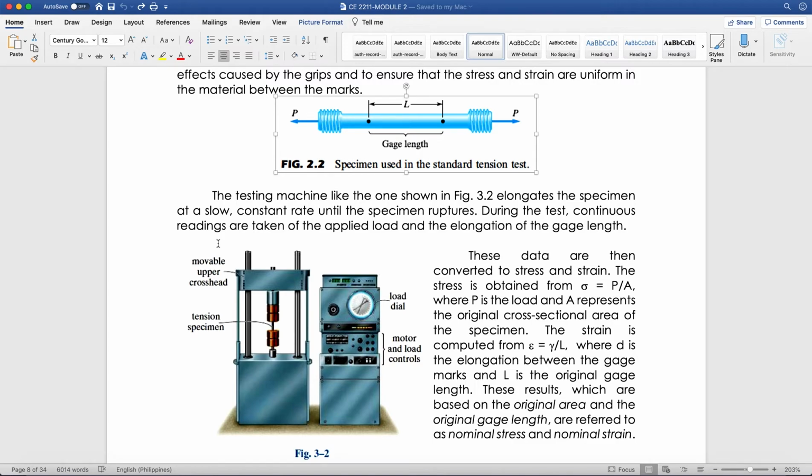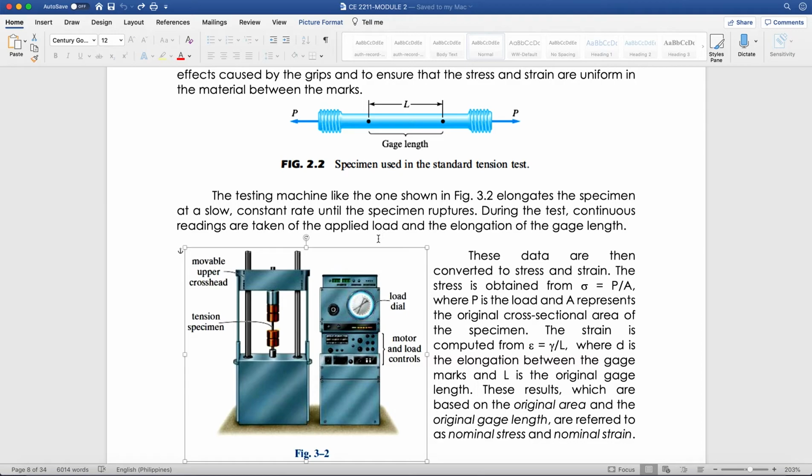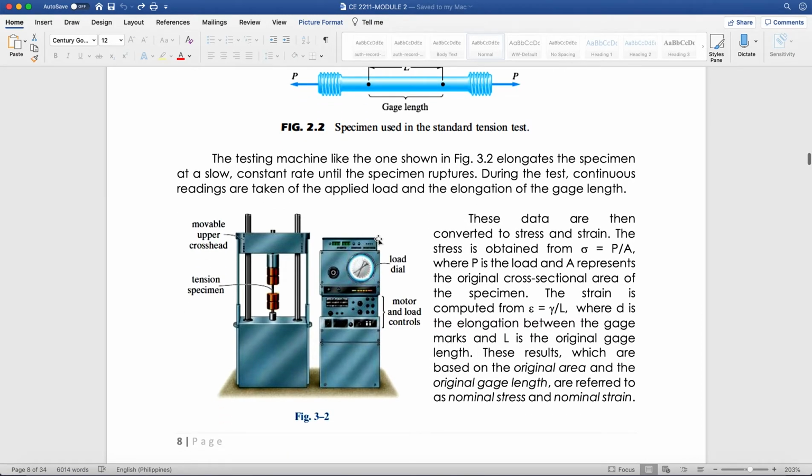Don't worry, when we are already going to have our physical classes in the first sem for your construction and testing of materials subject, you will be meeting this equipment. This equipment is very important because it helps us determine the strength of the material at failure. Okay?